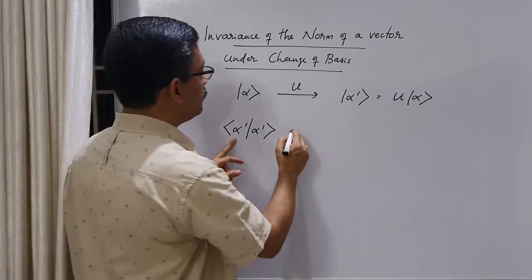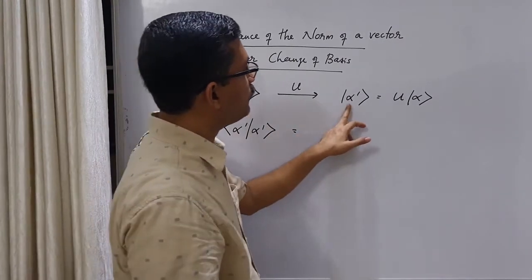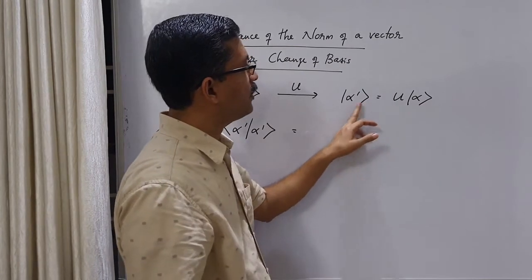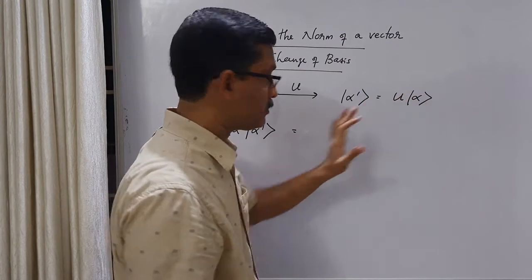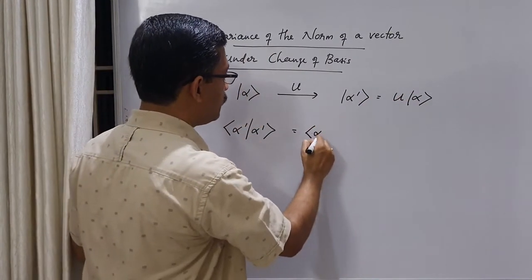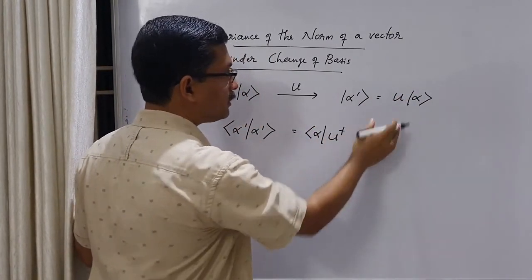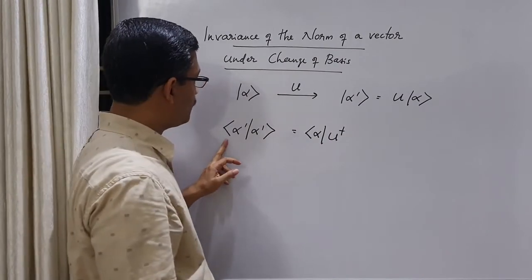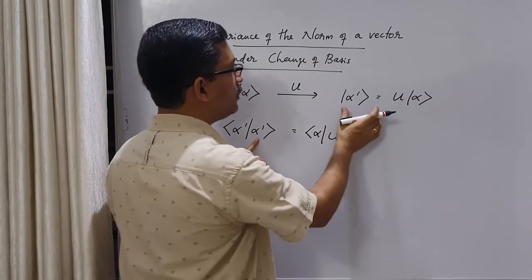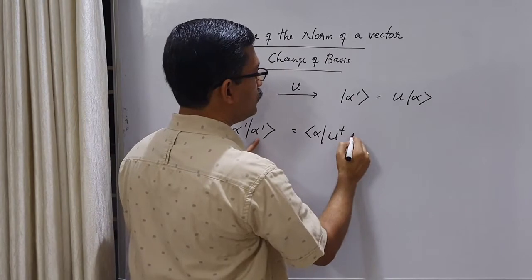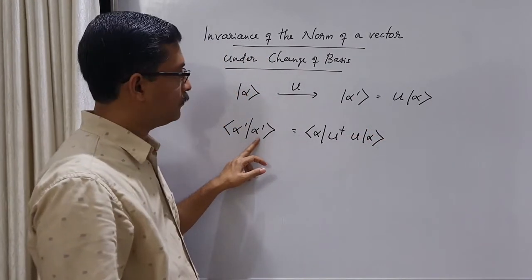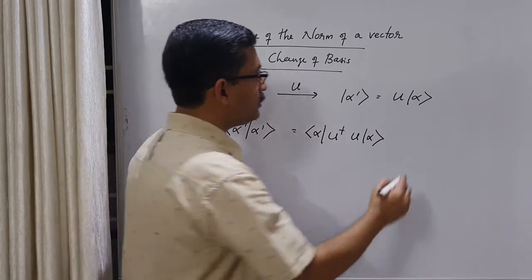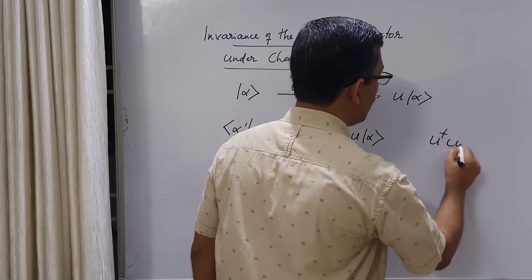So what is bra vector alpha prime? If ket alpha prime is this, what is bra vector alpha prime? It is the Hermitian conjugate of this. That is bra vector alpha U dagger, correct? That is bra vector alpha prime. What is ket alpha prime? Ket alpha prime is this U alpha. But we know that U dagger U is identity.